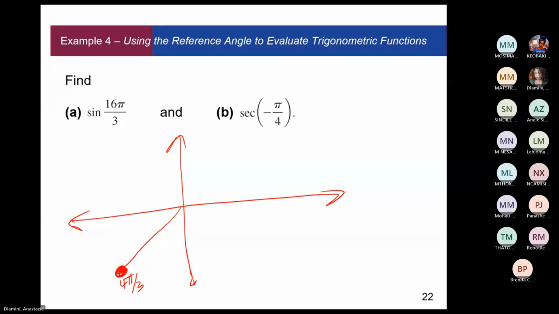Now, what is the reference angle then? What is the reference angle?